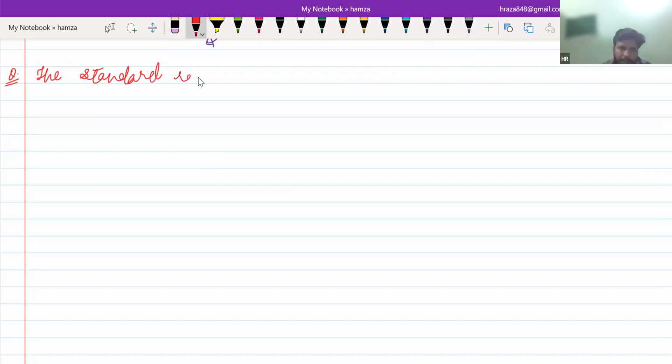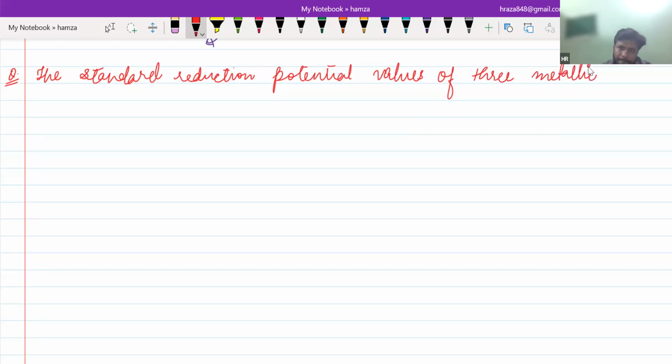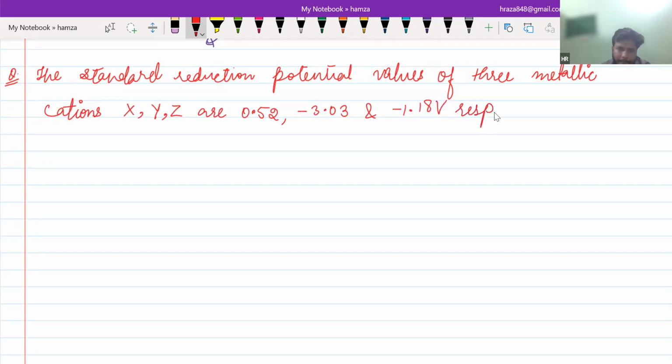The standard reduction potential values of three metallic cations X, Y, Z are 0.52, -3.03, and -1.18 volt, respectively.